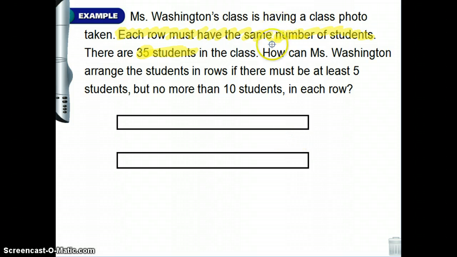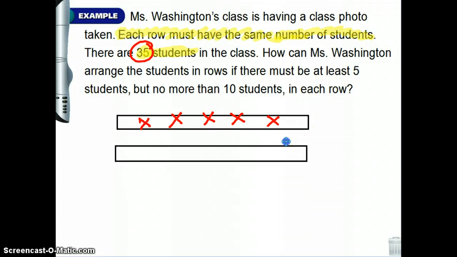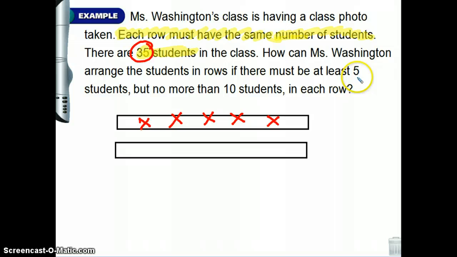Let's say I took the very minimum and I said that there had to be 5 students in here. 1, 2, 3, 4, 5. Well, I know there's 35 students. So I know that I'm going to probably have to do another row of 5. 1, 2, 3, 4, 5.